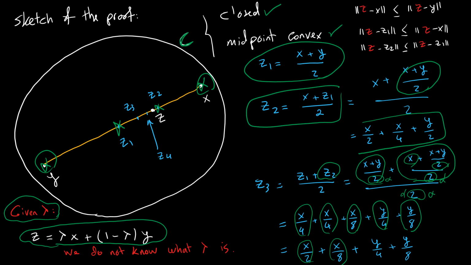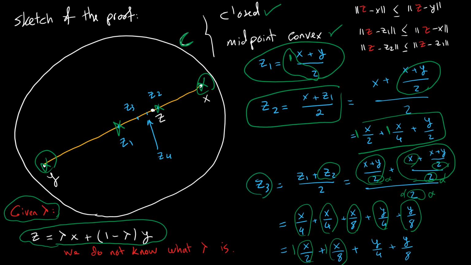Remember that we started with a coefficient of x as 1/2, and then I modified that to 1/2 and then 1/4, and then the formula modified that for me to 1/2 and 1/8.